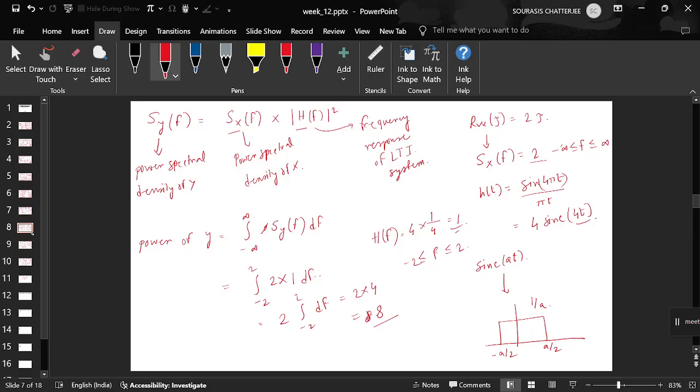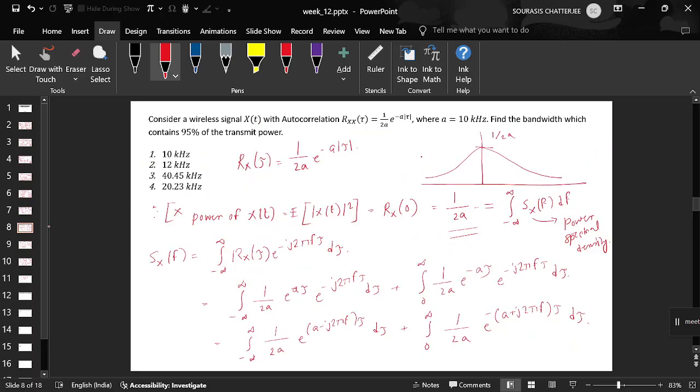So basically we are given the autocorrelation function. Whenever we are given the autocorrelation function for a wide sense stationary process, it's pretty easy. You just evaluate the autocorrelation at time shift tau equal to 0 and you will obtain the total power. That is the same as the power in the frequency domain, which is the integral of power spectral density over the frequency spectrum. The power spectral density you can obtain by performing the Fourier transform of the autocorrelation function.